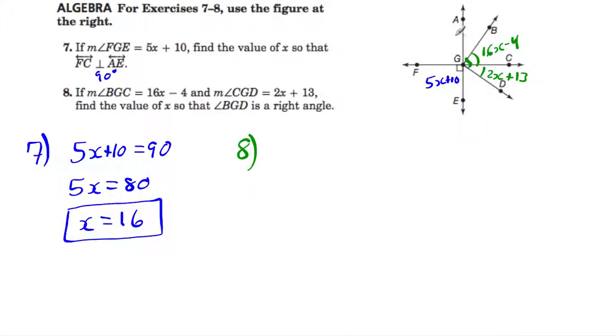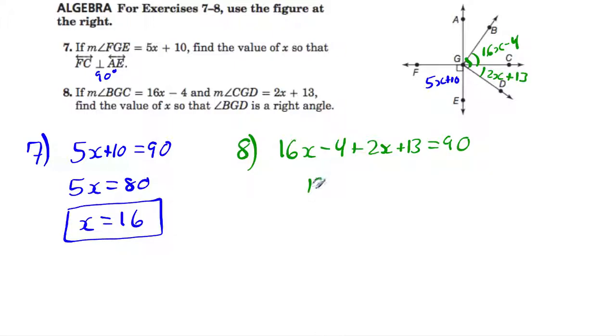We can see that right angle right in there. Well, if BGD is a right angle, then these two angles are going to be complementary, meaning they're going to add up to 90 degrees. So if I take these two angles and add up the values and set them equal to 90, I have a nice equation I can solve.